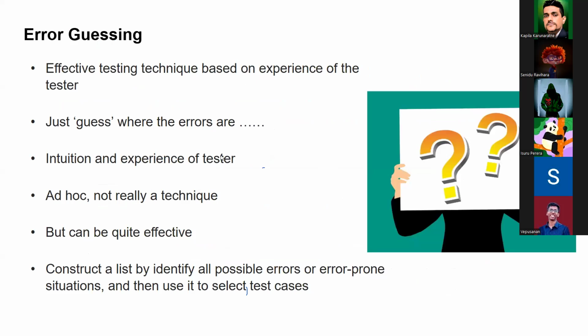The last one is error guessing. As I mentioned in the previous one, each negative test case is a kind of error guess. Basically, if there are positive test cases, you can have negative test cases as well, making sure you are not allowing incorrect values and you are getting an error message. So this is kind of a guess, but for each positive there should be a negative test case for errors. So that's another technique.